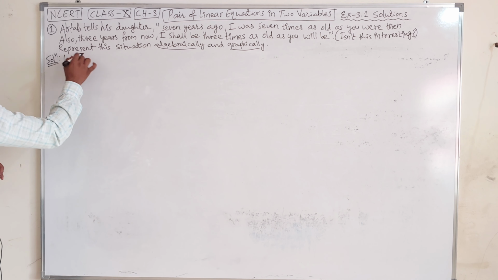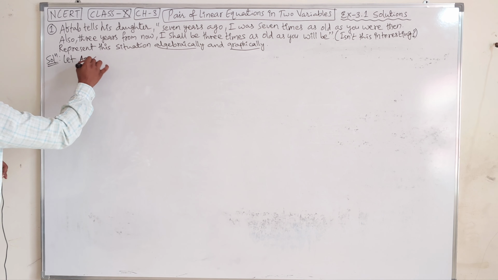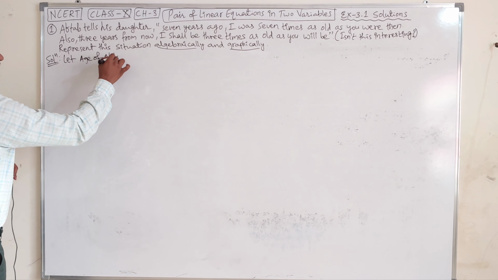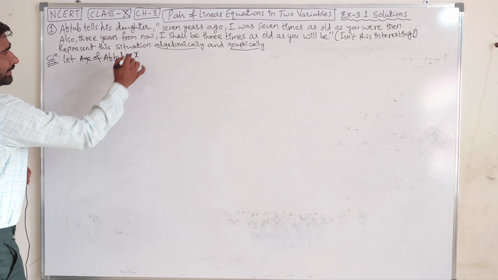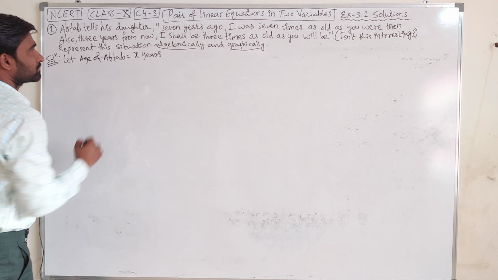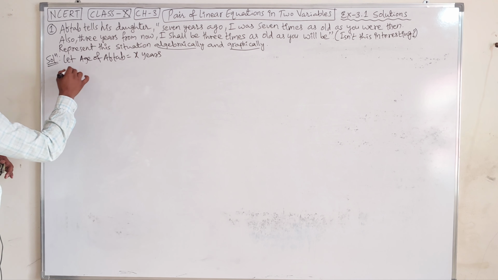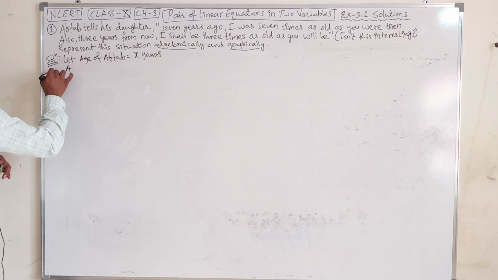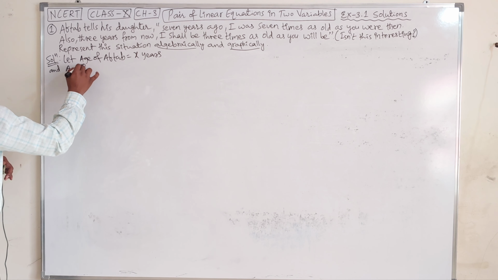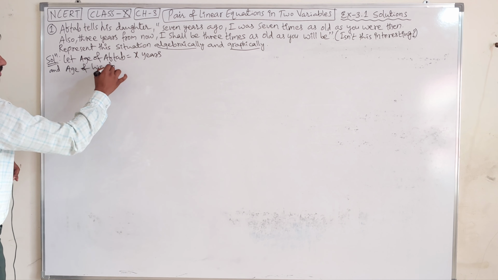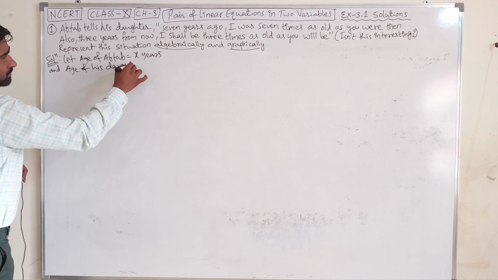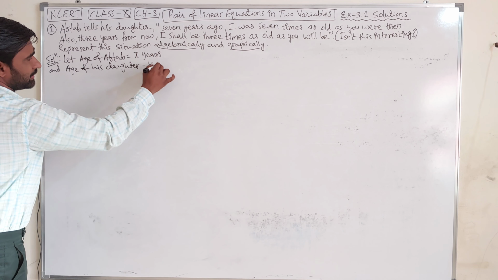Let the age of Aftab be x years, and the age of his daughter be y years.